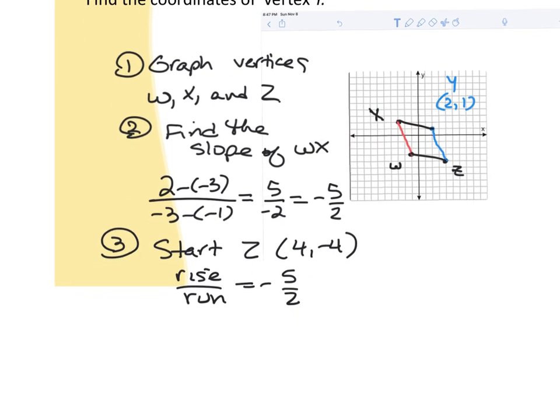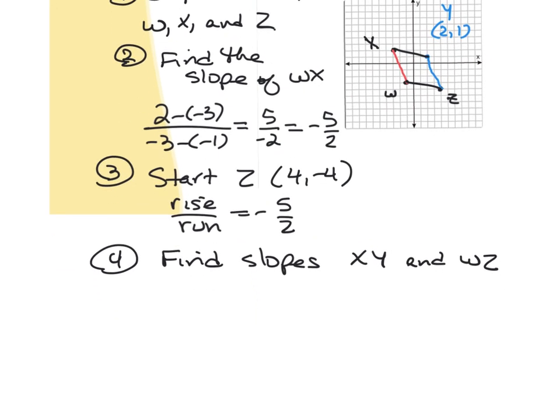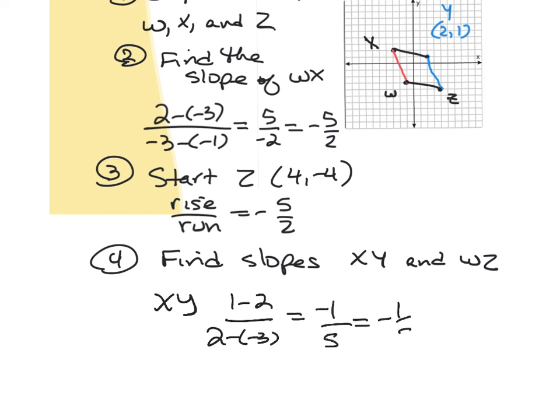Now, one way that you can confirm this, just to double check it, is to find the slopes of XY and WZ to make sure that they're parallel, to make sure you get the same slope. So this is a way that you could check that opposite sides have the same slope, making them parallel. So the slope of XY is going to be 1 minus 2 over 2 minus -3, and this gives me -1/5.